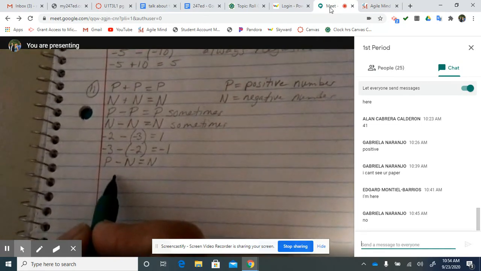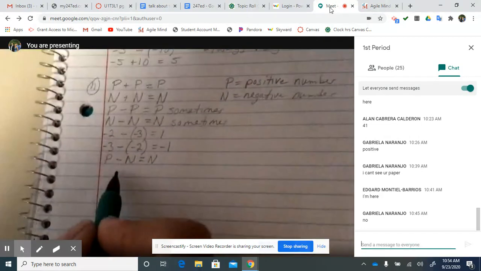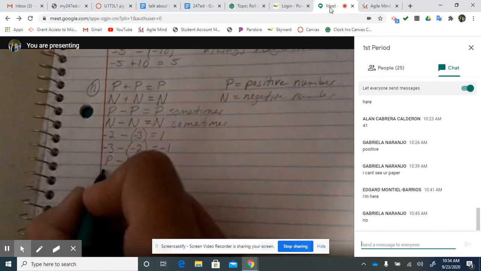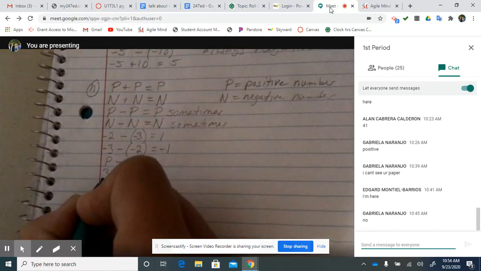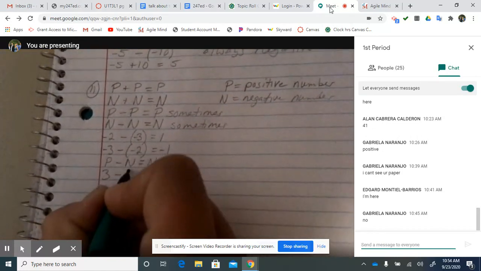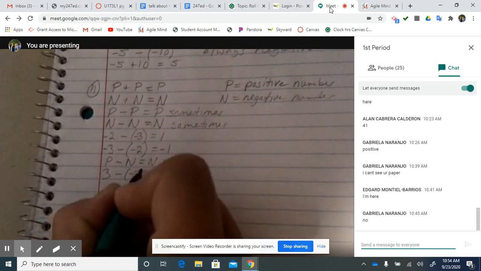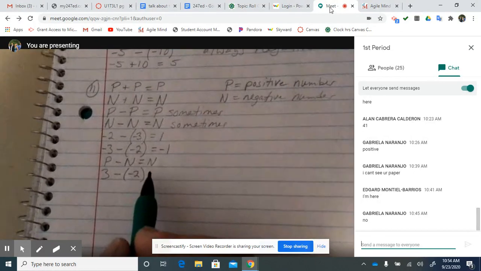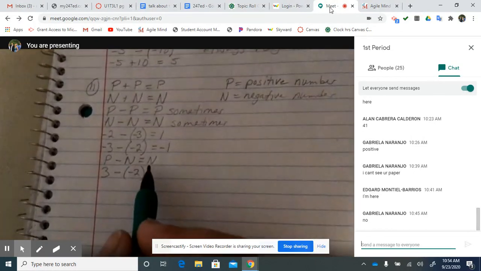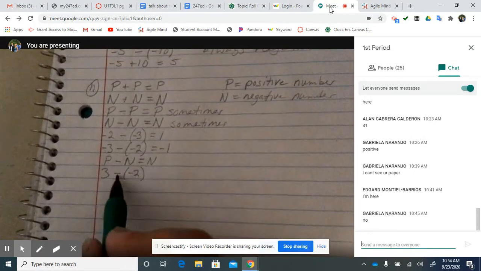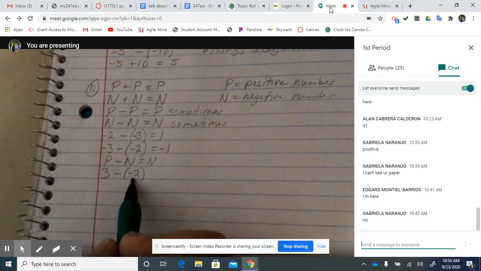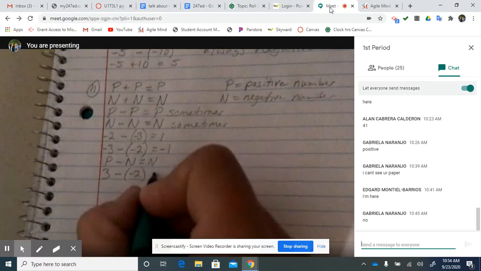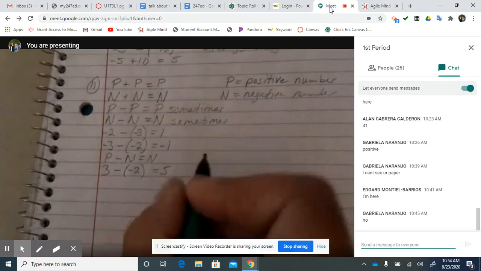Let's use our 3's and 2's again. So positive 3 minus a negative 2, is it going to be negative? Minus a negative turns a positive 2, so this will be 3 plus 2, which gives us 5, so that's positive.